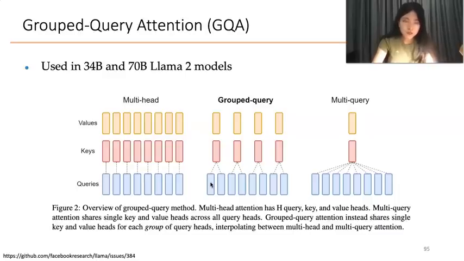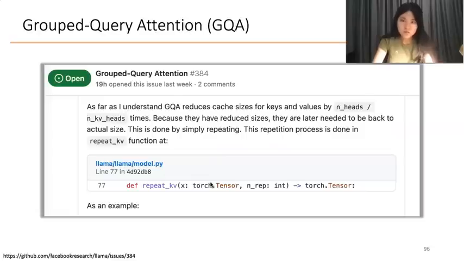I'm not very familiar with how this is efficient in terms of resource allocation. But let me go through this GitHub issue that helped me understand a little more about this GQA computation. GQA reduces cache sizes for keys and values by n_heads divided by n_kv_heads times.